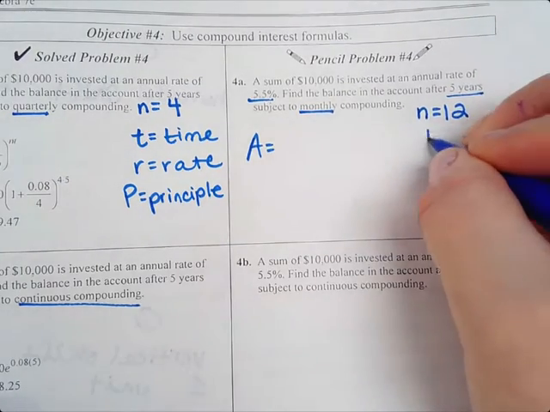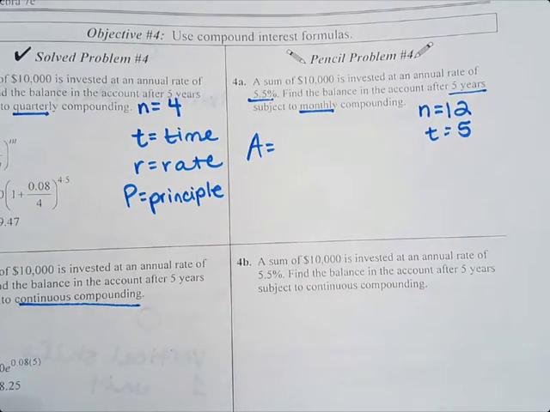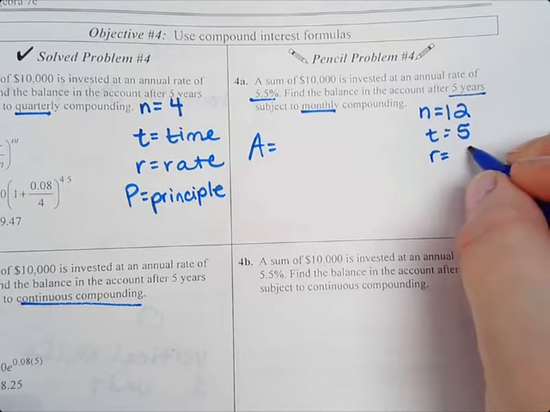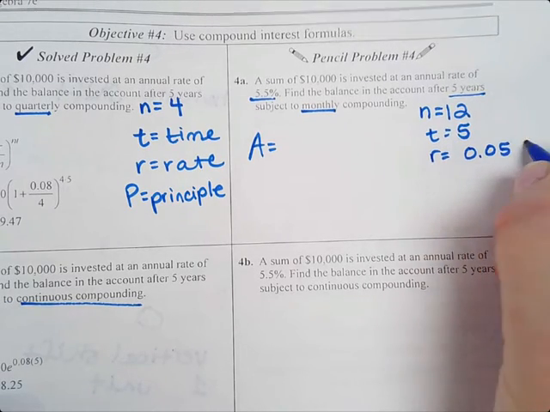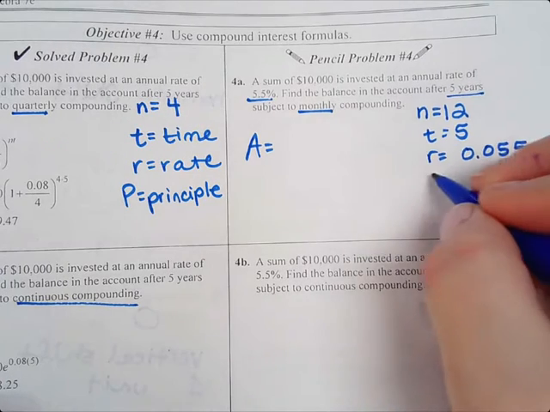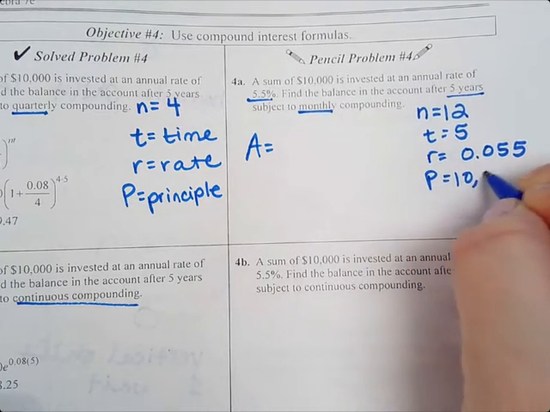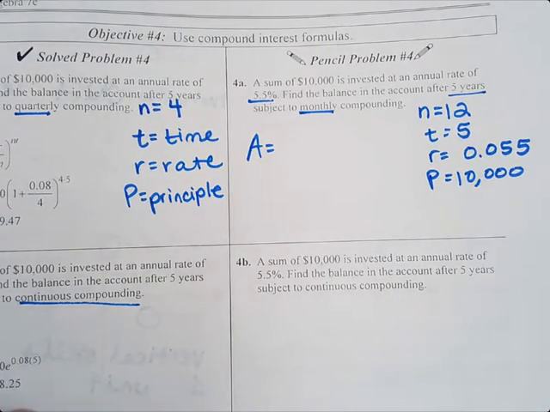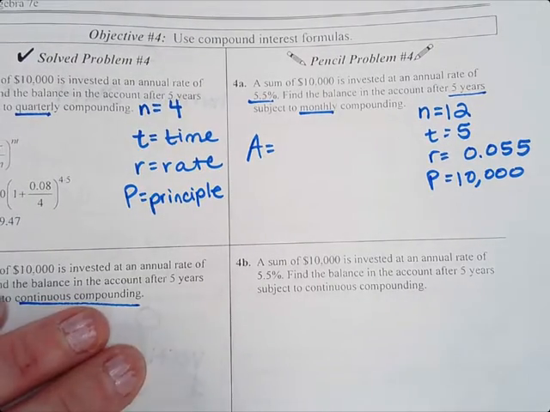And time would be 5 years. The rate on this one is 5.5%, but you would change it to a decimal, so 0.055. And then your principal is 10,000. So once you know each one of your variables, then you can plug it into the formula.